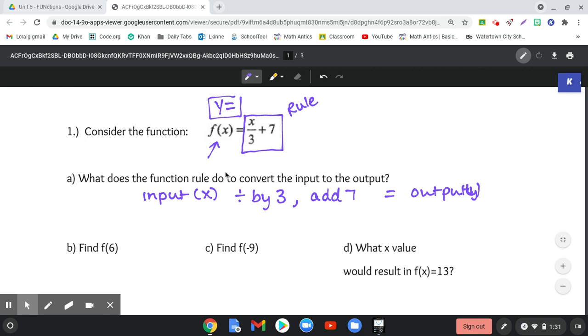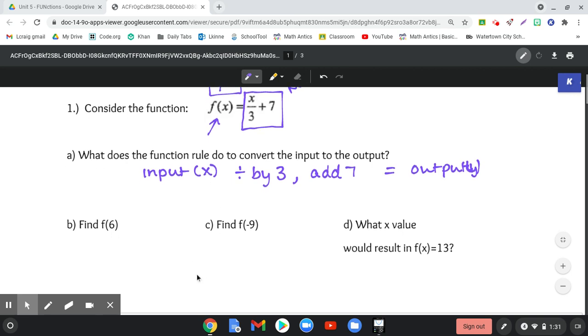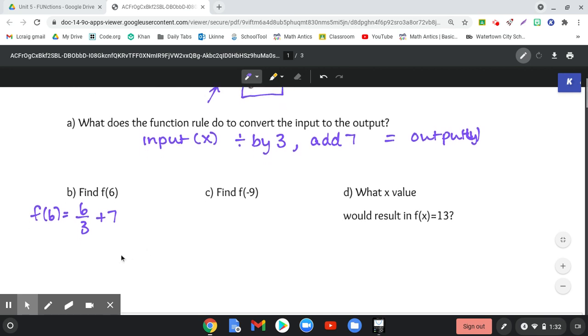All right, so you're going to see how it's got a name of f. So this wants us to find f of 6. Well, f of x is x over 3 plus 7. So if I'm looking for f of 6, I'm going to do 6 over 3 plus 7. You take out the x value, or the x, and you put the value in there.